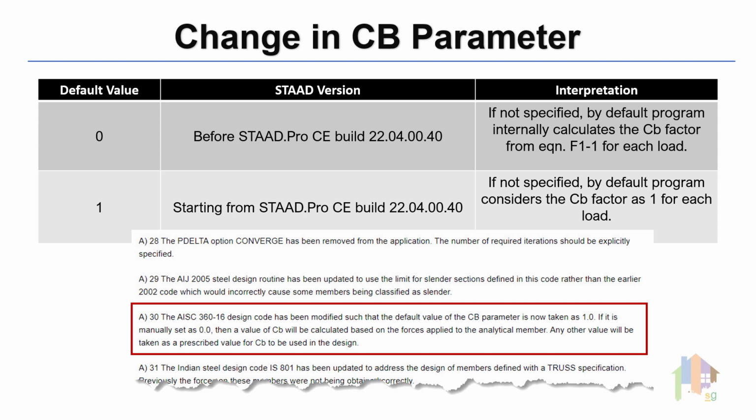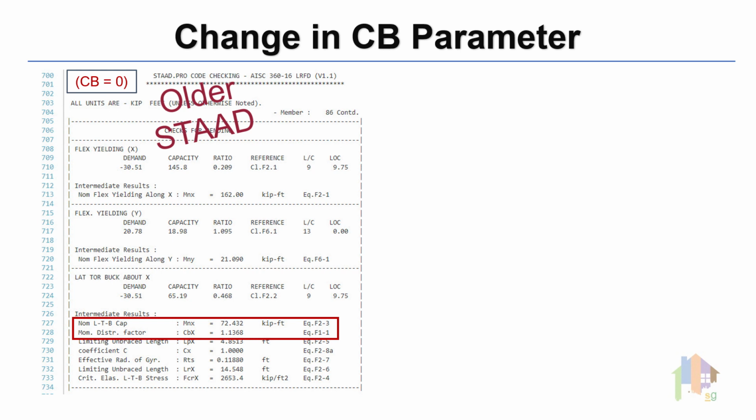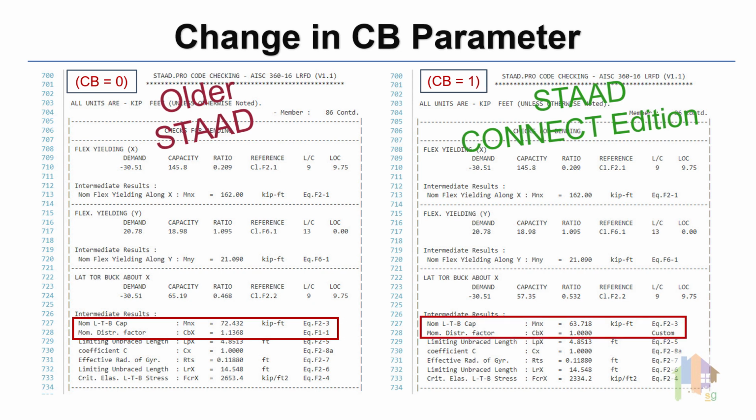This is one of the major reasons for mismatch of design results between older STAAD versions and the latest update 4 version. If you create a model in an older version of STAAD with the default value of CB, which is 0, the program internally calculates the factor, which normally comes greater than 1. Now, if you run the same file in the latest version, the program uses the factor as 1, which is less than the previously calculated value, and hence capacity reduces, which eventually increases the bending and interaction ratio values.